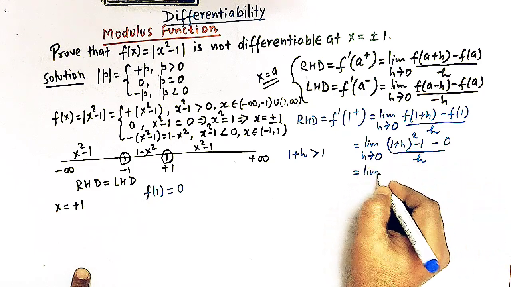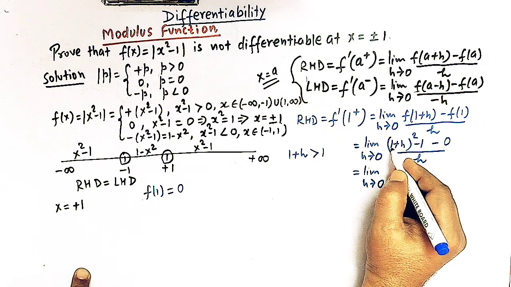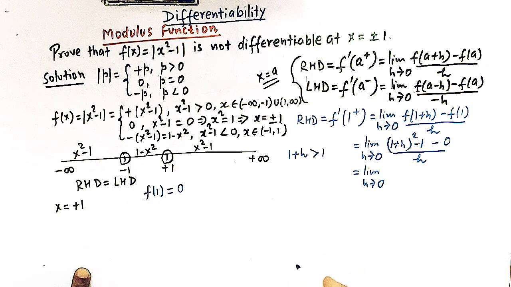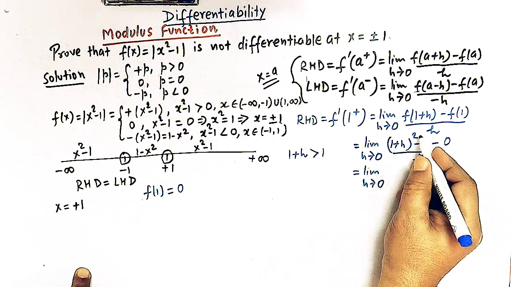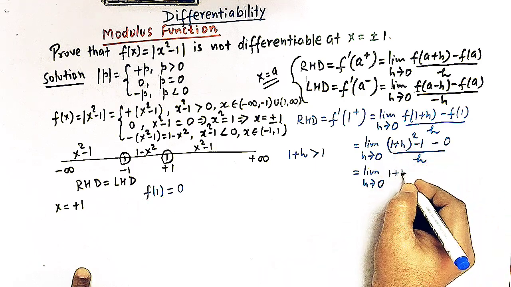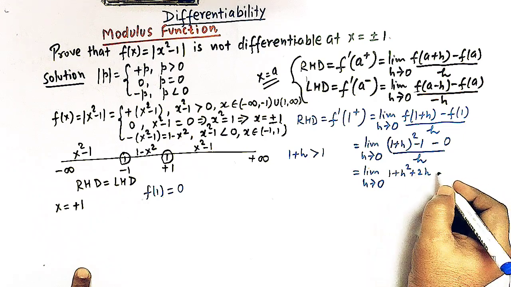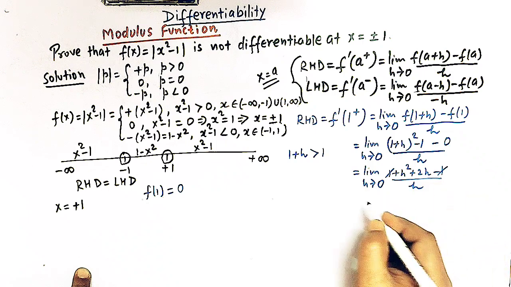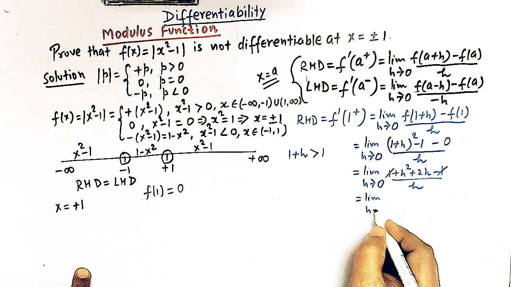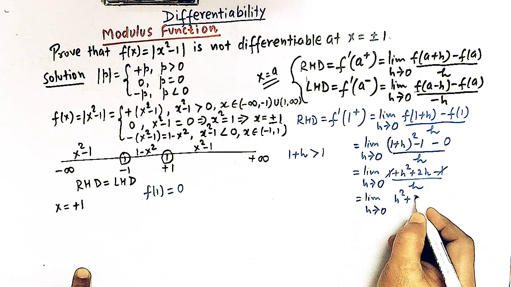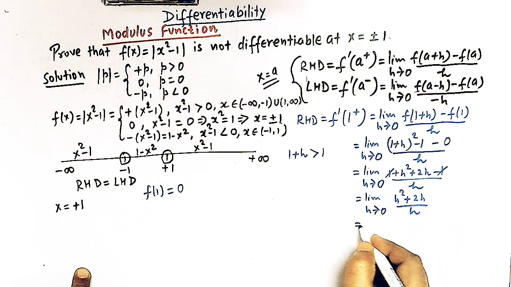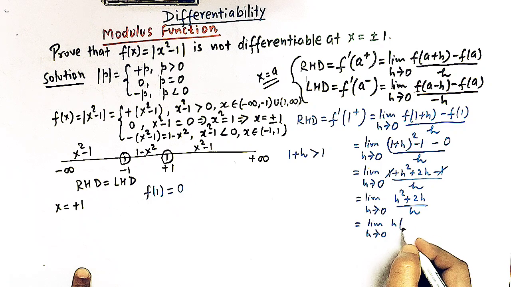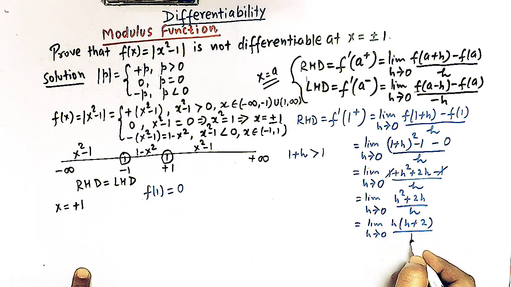Now this is limit h tends to 0, and we can expand 1 plus h whole square by using the standard identity, that is a plus b whole square. So we have 1 plus h square plus 2h minus 1, and then we have h. So 1 and minus 1 get cancelled. We have limit h tends to 0, h square plus 2h over h, and here we can take h common. So we have h plus 2 divided by h.